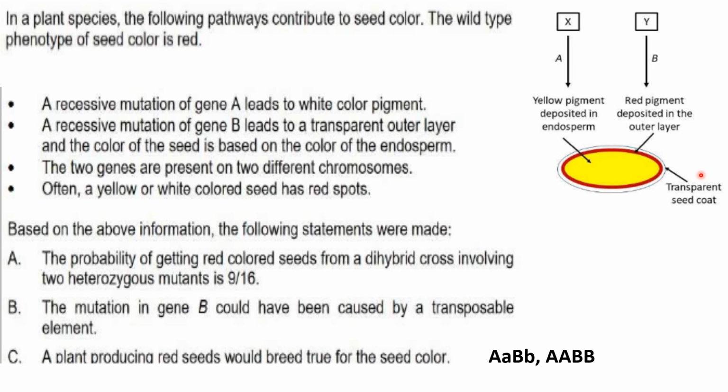It shows that there was a transposon present in the B gene, which might get excised from that region in the B gene and jump to some other place. So because of that, there will be red spots instead of a continuous red coloration.